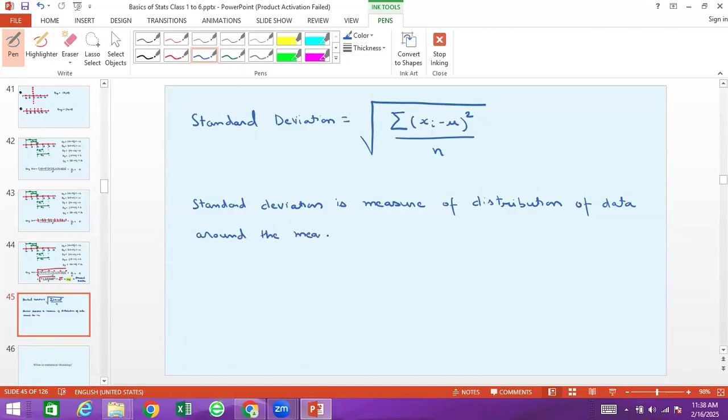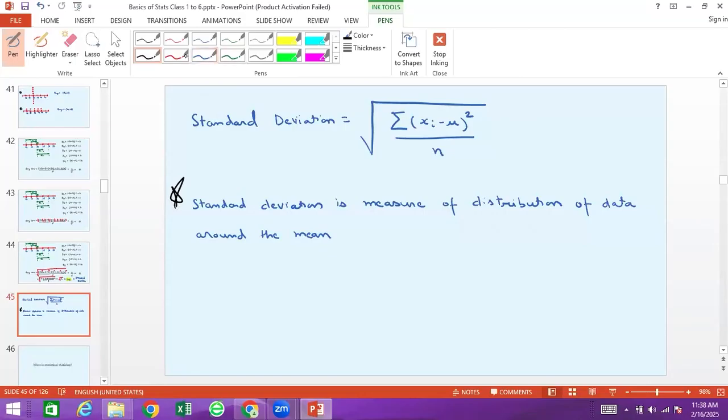This is the main part. This is what we should know. We should not say the standard deviation formula is this. No, the standard deviation is a measure of distribution of data around the mean. Like from the average, how much distributed your data is. The more distributed it is, the higher the value of standard deviation. The less distributed it is, the lesser the value of standard deviation.